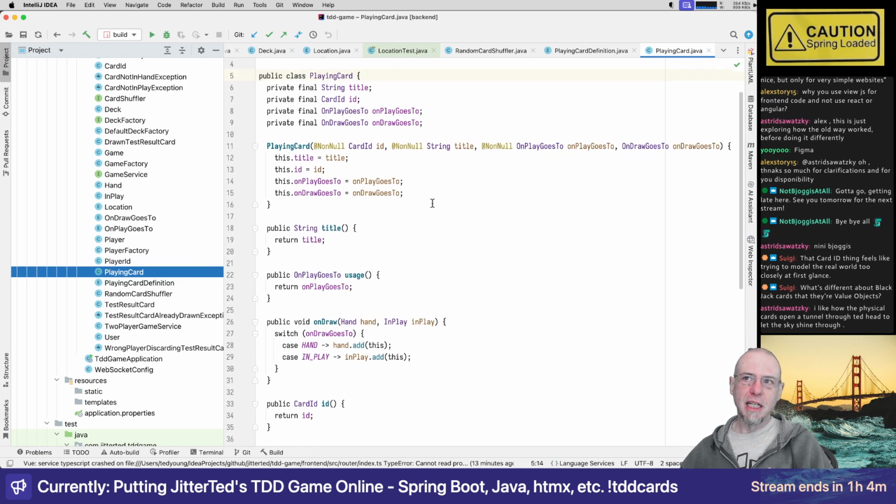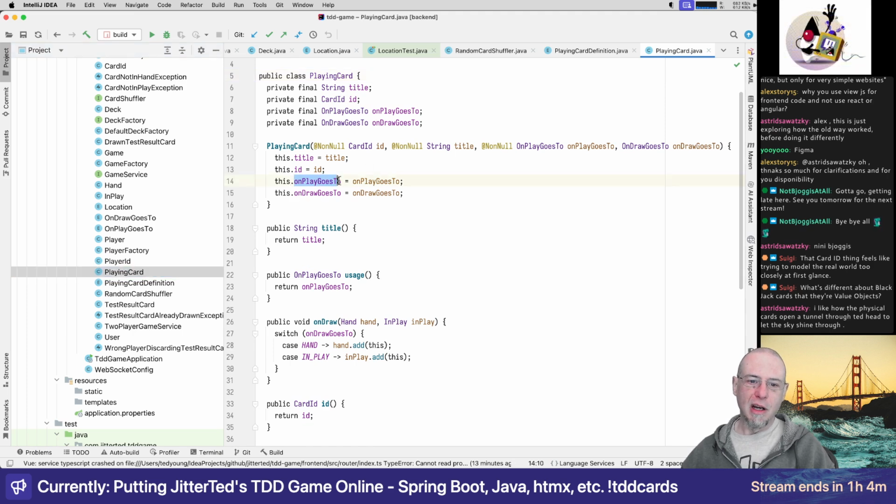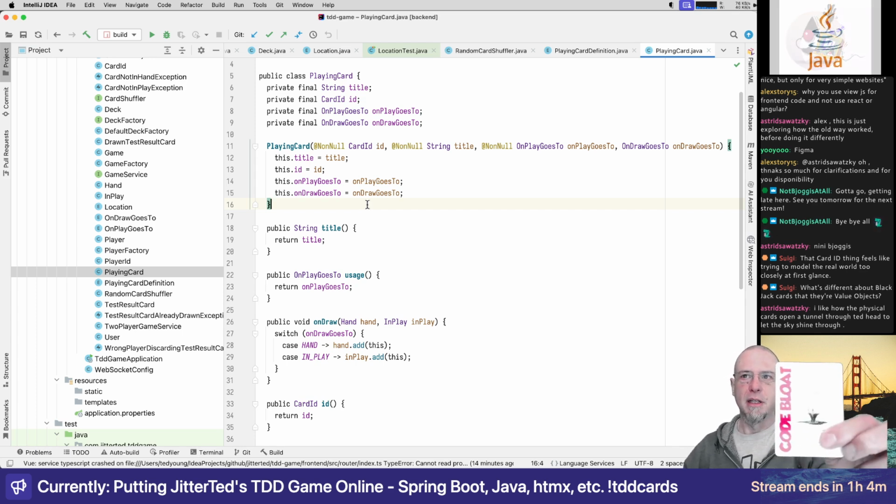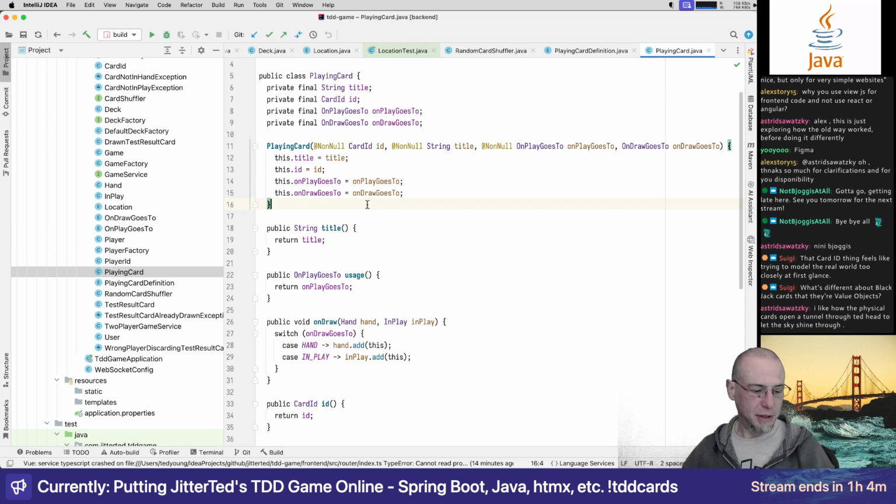So there's this thing about on play goes to versus on draw goes to. So there's a variation of the game. I might have to throw this out to simplify it, but we'll see. If you draw a card and it happens to be a red card, a code bloat card, for example, those would actually be played against your opponent.